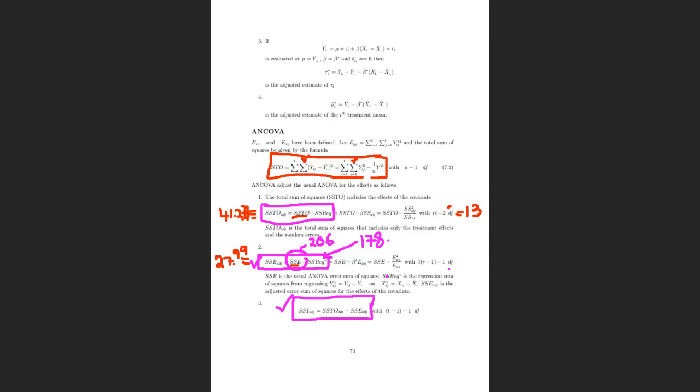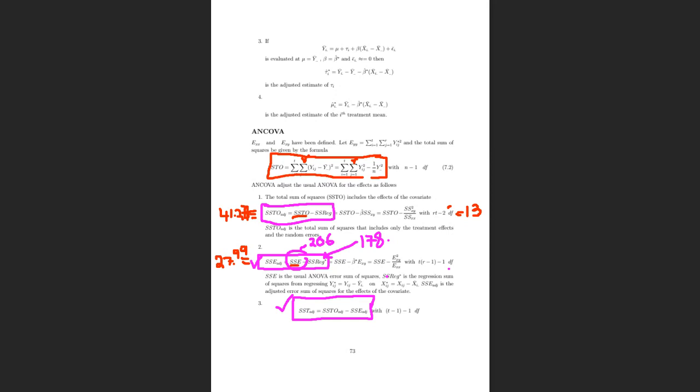The problem is, you see the first equation, SSTO adjusted. The problem is the SS reg, not the one with the star. So your problem is still on 41.27, because I got it from that SS reg. SSY minus SS reg, what are you getting? For SSE, I'm getting 41.27.